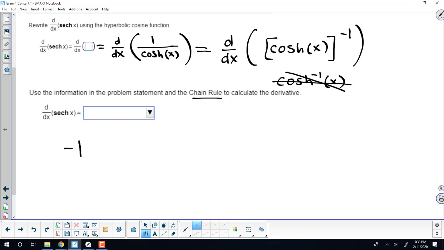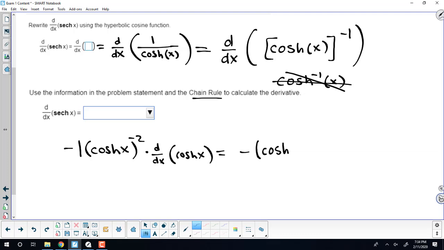So we're going to take the derivative of the outside, leaving the inside alone, and then we take 1 away from the power. And then we multiply by the derivative of the inside. Okay, so what we have is our negative hyperbolic cosine to the -2 power times the hyperbolic sine.